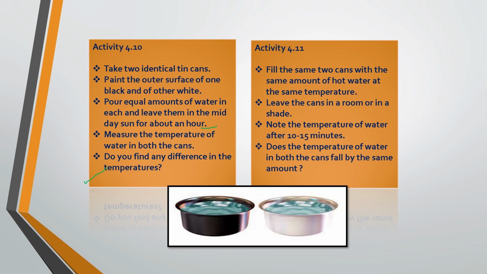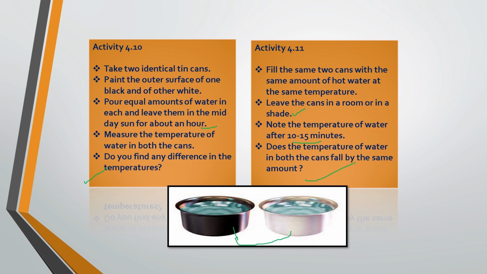Fill the same 2 cans with the same amount of hot water at the same temperature, about 60 degrees centigrade. Now leave the cans at room temperature in a room shade. After 10-15 minutes note the temperature. Do you find any difference? Yes. Again the water in the darker can is warmer as compared to the lighter.